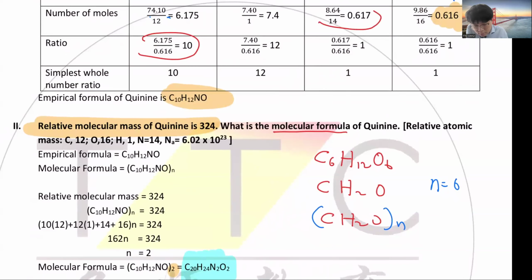Oh, here it is. Divide by 14. The mass of nitrogen is 14. Then I get this. Yeah, you need to find the moles. Don't worry, I have a lot of questions. The same question, I cloned three questions for you to practice.